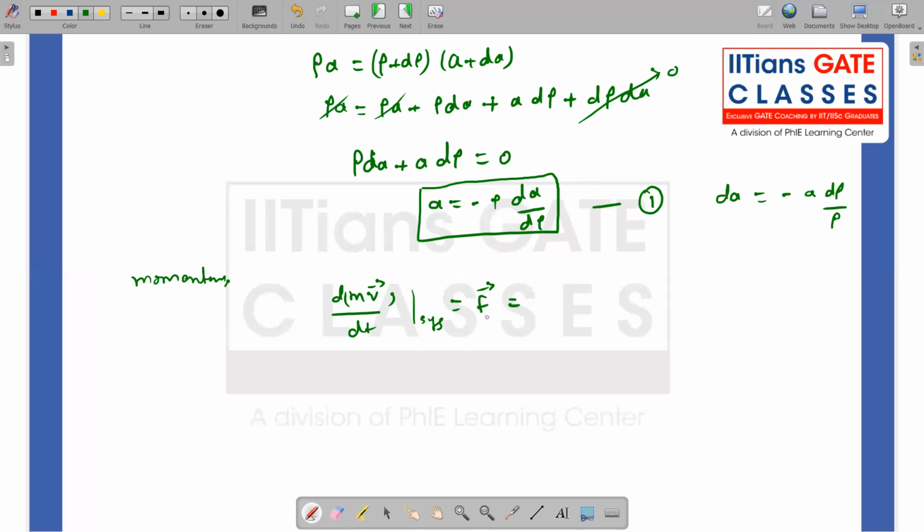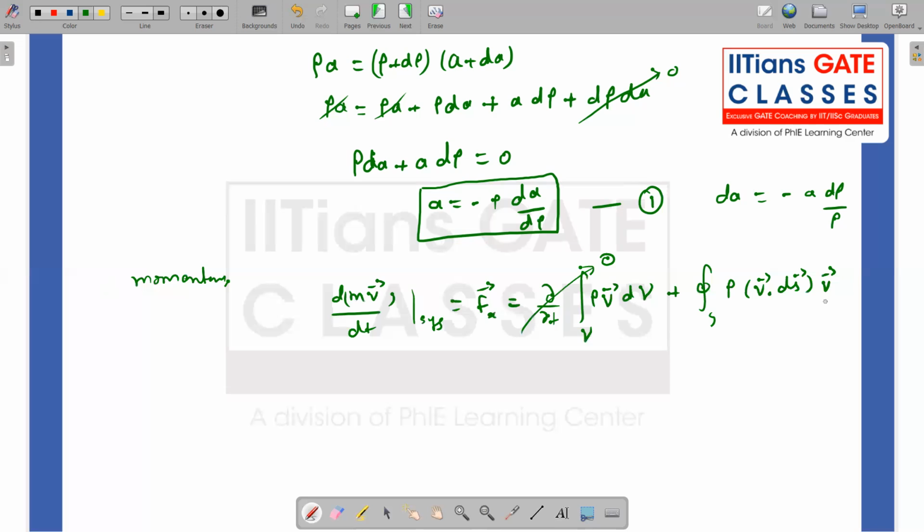In this case, I am considering the x direction. So that is equal to del by del t of the volume integral of rho v dV plus the surface integral of rho v dot dS times v. Owing to steady state, the first term goes to 0. All I'm left with is rho v dot dS times v.